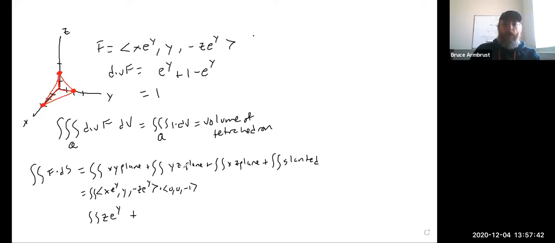We can do the same thing for the YZ plane. The YZ plane is the one on the back end, and for that we want to use -1, 0, 0. I'm running out of space, so I'm going to write our n's up here. If n is -1, 0, 0, and I dot that with f, I get negative x e to the y.